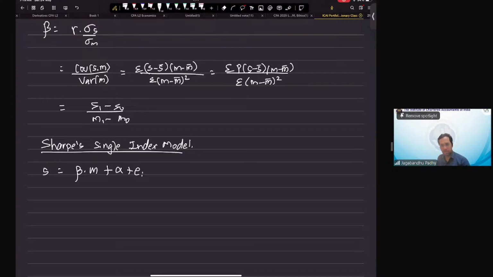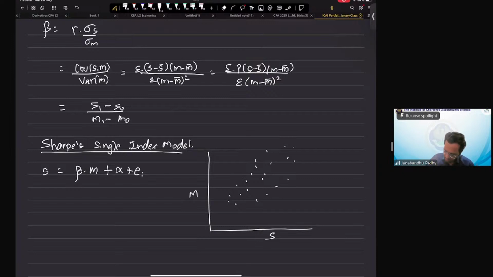Right? It's a regression equation wherein this equation is going to fit. Let's say this is our security return and market return data. So this is security, this is the market return, and then we have a straight line over here. That is, security is equal to beta into market plus alpha plus error term.